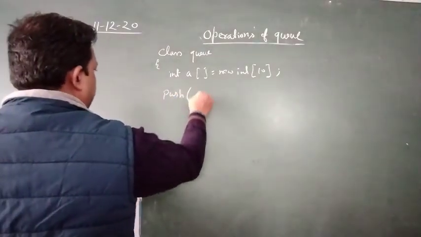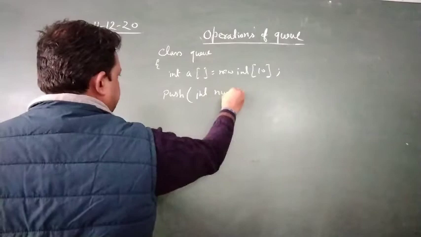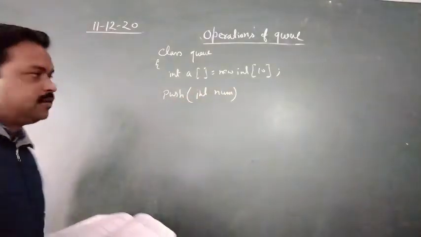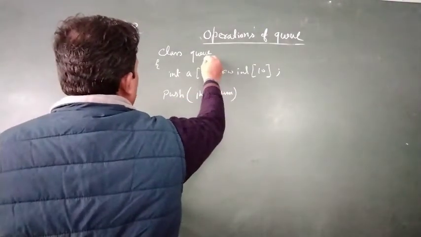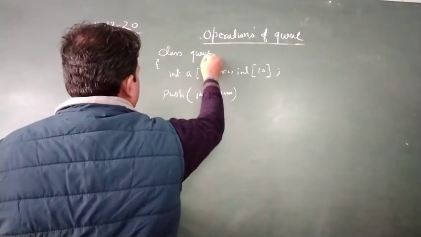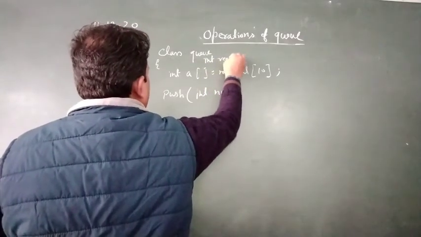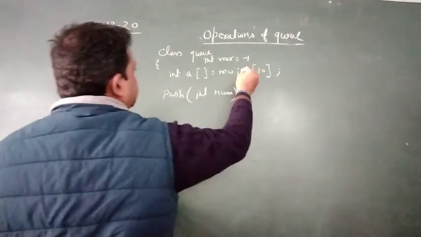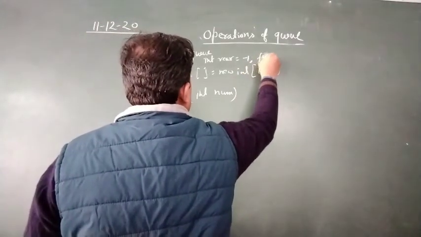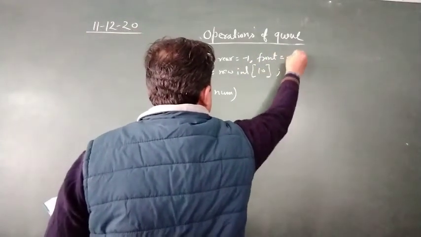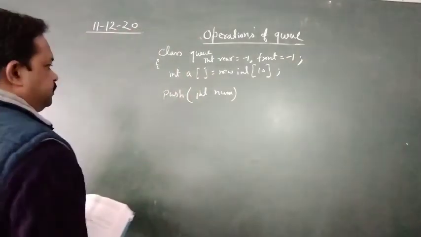The push function I am going to make with int num. One more thing is there: in the beginning only I am going to take 2 variables. Int rear is equal to -1, comma front is equal to -1, semicolon.